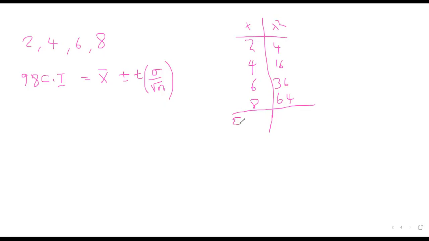The sample size n is what? 4. Add these, we are going to get 20. When you add the squares, we're going to get 120. Our mean, what's the formula for the mean?